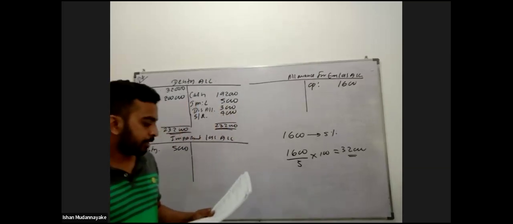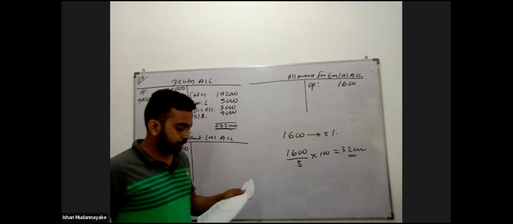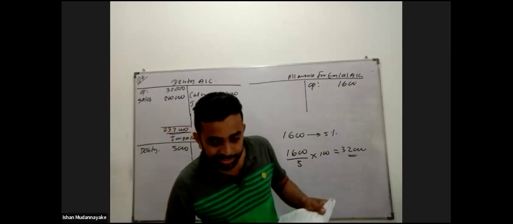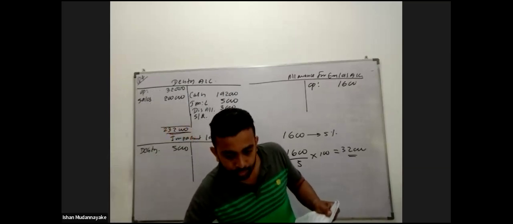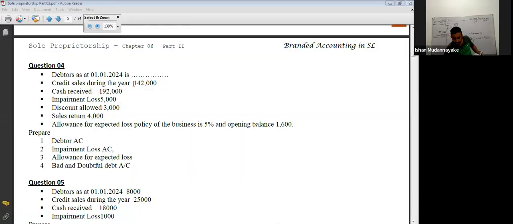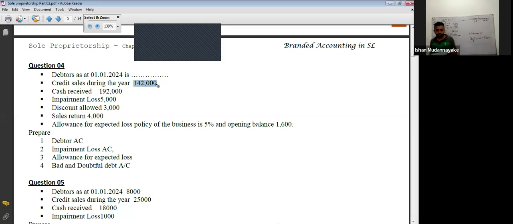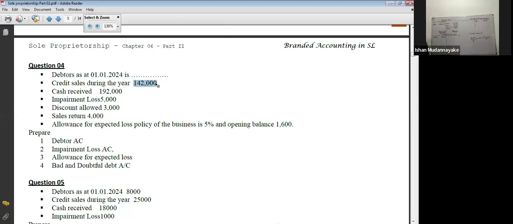For the credit sales, write down 200,000, not 142,000. Write it as 200,000 and then remove this one, the balance doubtfulness sentence. This requirement is not needed.